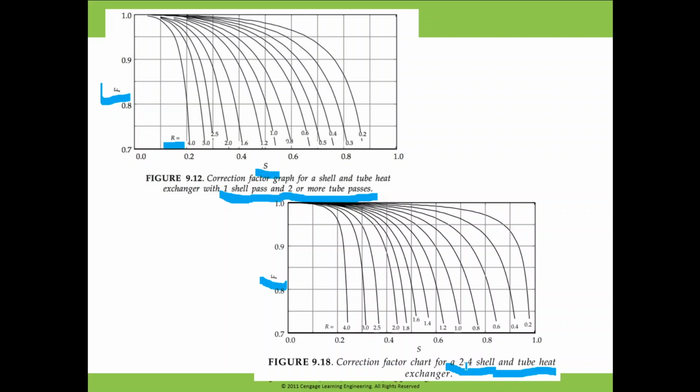So what does this mean, 2-4? 2-4 means that 2 is indicating the number of shells, and 4 is indicating the number of passes. So 2 shells 4 passes here, and here it is 1 shell 2 passes or more passes.